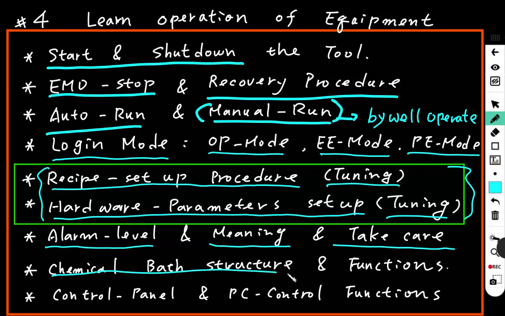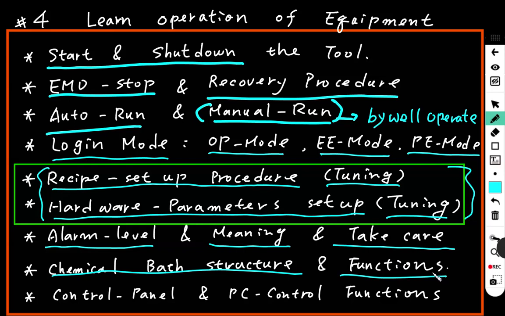Chemical bath, its structure and functions. We need to know the whole chemical bath structure. This structure includes the heater, the DI water shower, the chemical supply, the chemical drain, the DI drain, and the temperature setup by the heater, and so on.